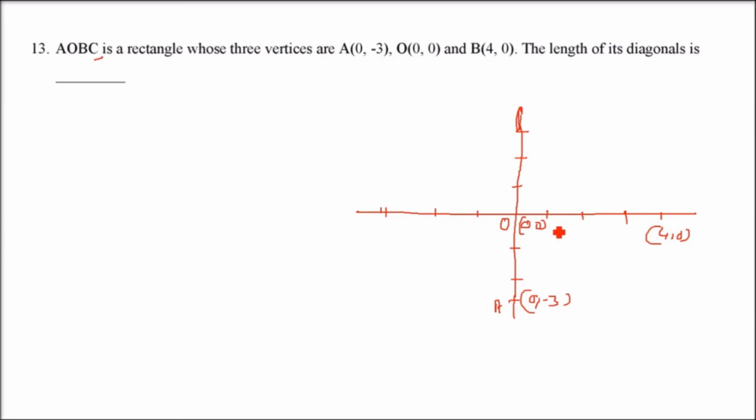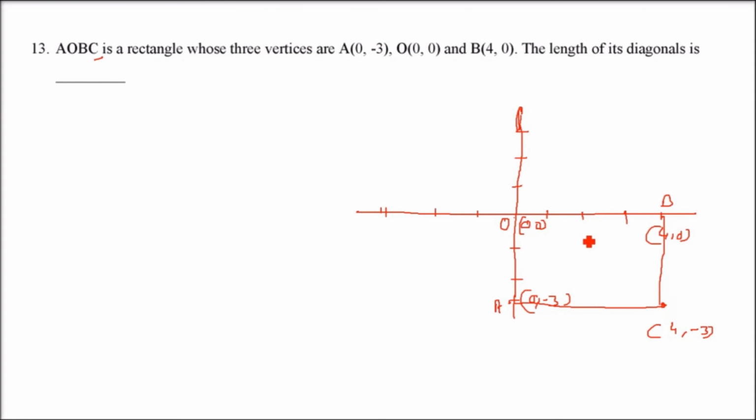We have AOBC, and we know that opposite sides are parallel. So this is the point, and what is this point? The y coordinate will be -3 and x is 4, so (4, -3) is the point. Now you can just join and make a rectangle.